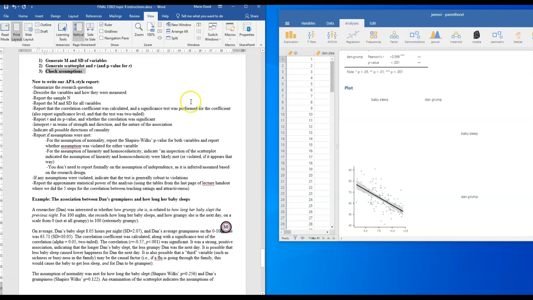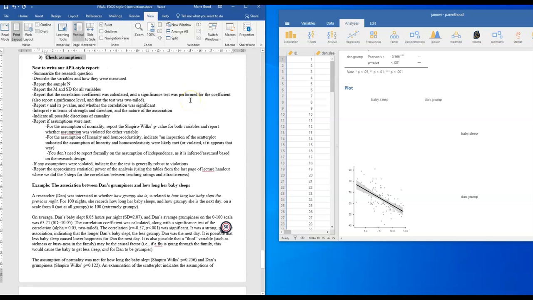There's a couple of differences because this correlation analysis just looks a little different than the ANOVA and t-test type reports. So let's see here.